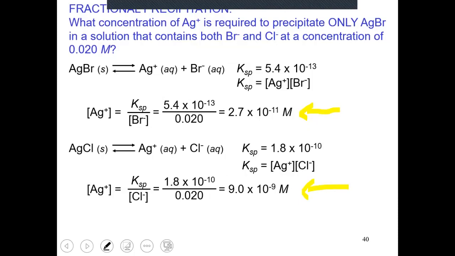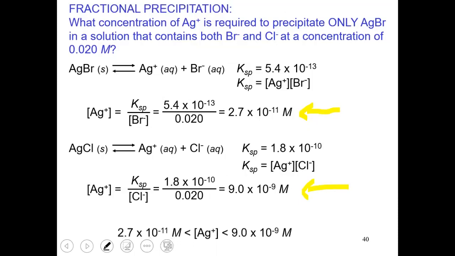In other words, somewhere between 2.7 times 10 to the negative 11 and 9 times 10 to the minus 9 molar. That is the molarity of silver ions you want to put in here. In other words, if you put less than 2.7 times 10 to the negative 11 molar, nothing's going to precipitate.